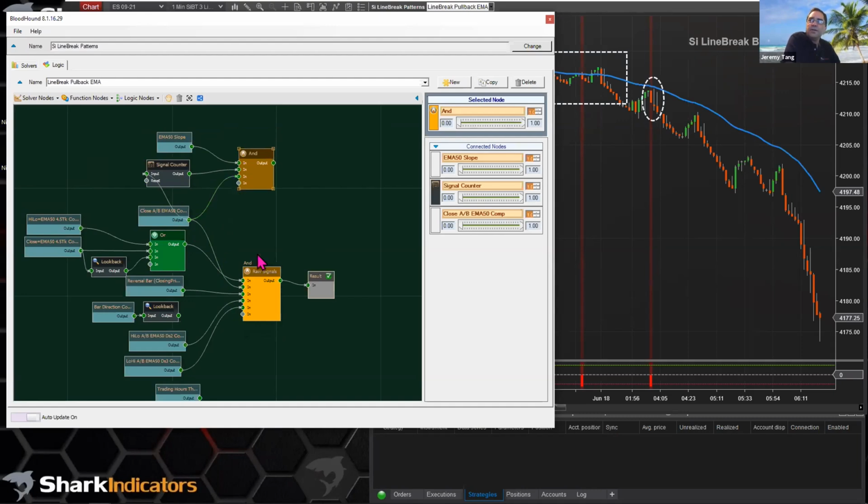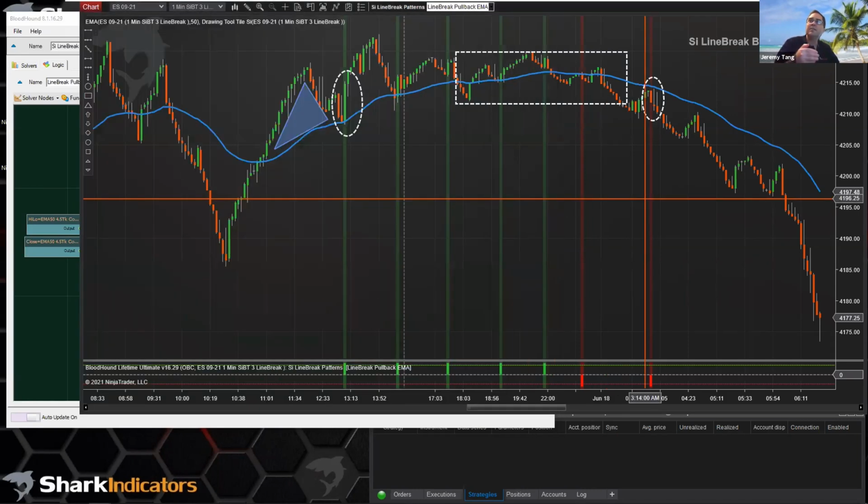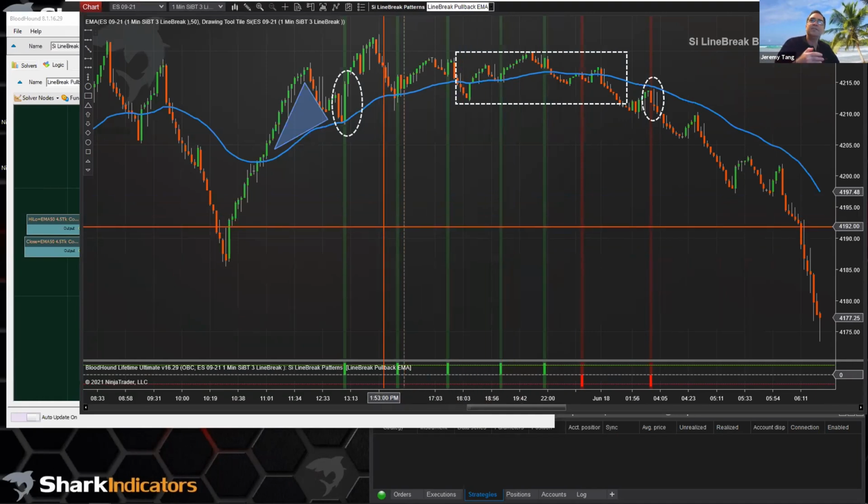So what I'm doing here is you can see I have an AND node. When you think about a set of trading rules, you're saying I need this condition, and I need condition B, and I need condition C, and I need condition D. So when you're building a system, whether you're a programmer or a discretionary trader thinking about it in your head, you are basically going through a set of rules and saying, I need to see this, and this, and this on the chart.